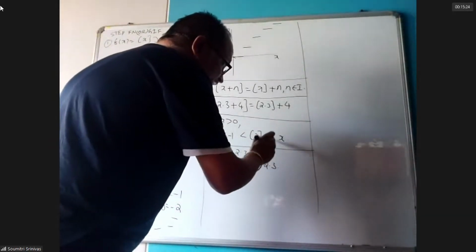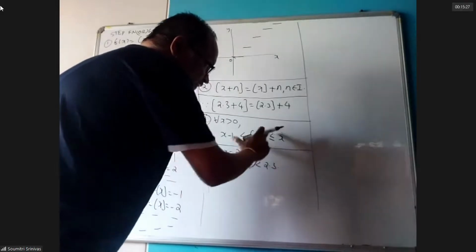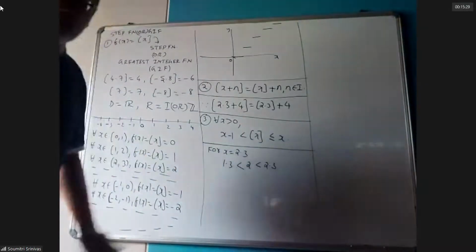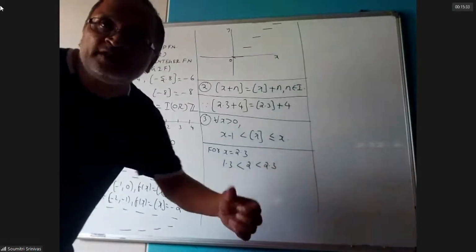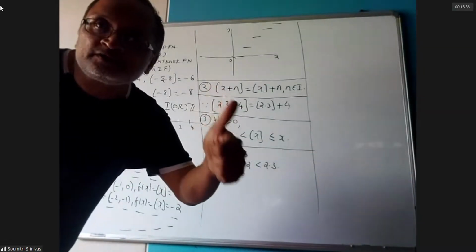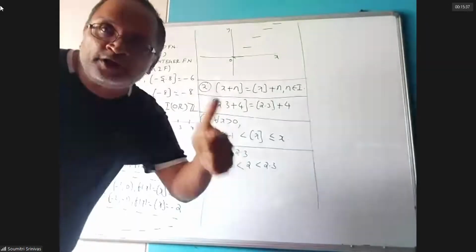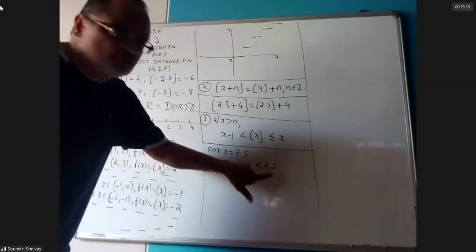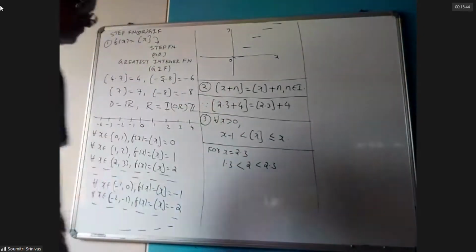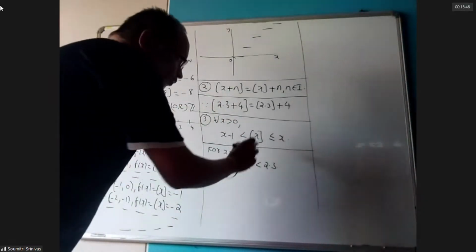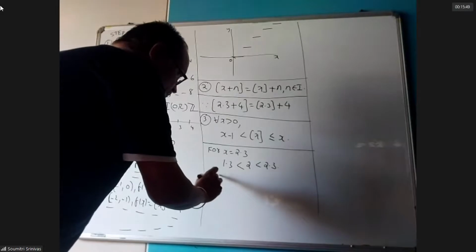In this less than and equal to, which is holding here? Less than is holding. Does 2 lie between 1.3 and 2.3? Yes. Next, when does equality hold?